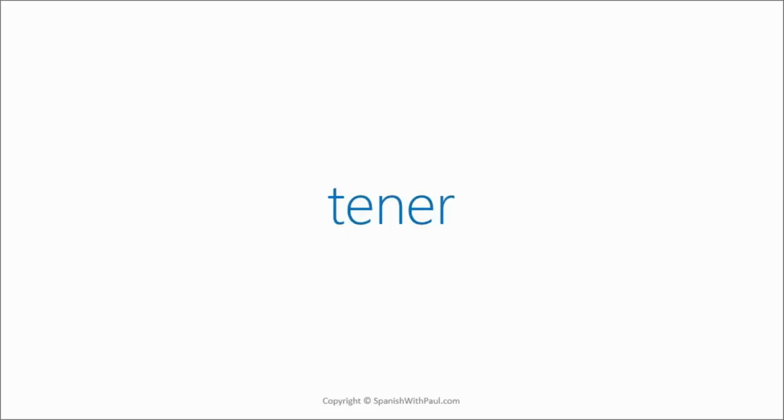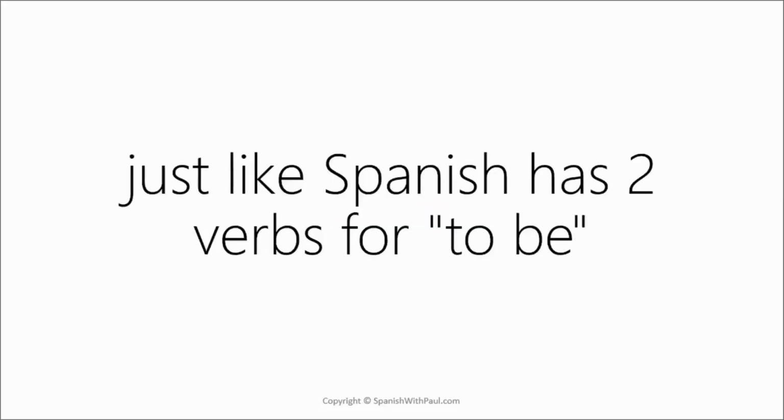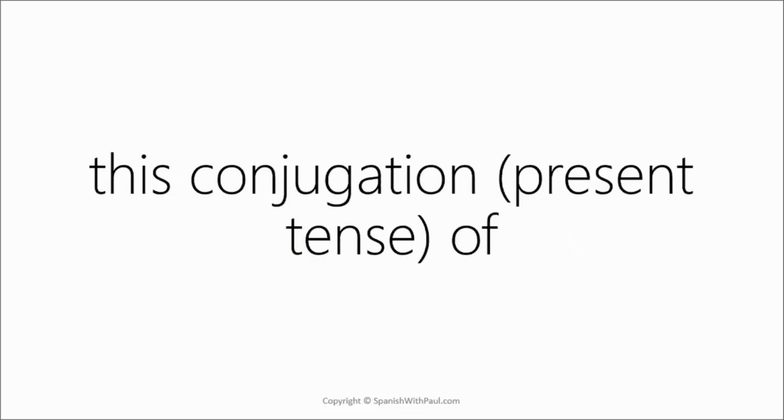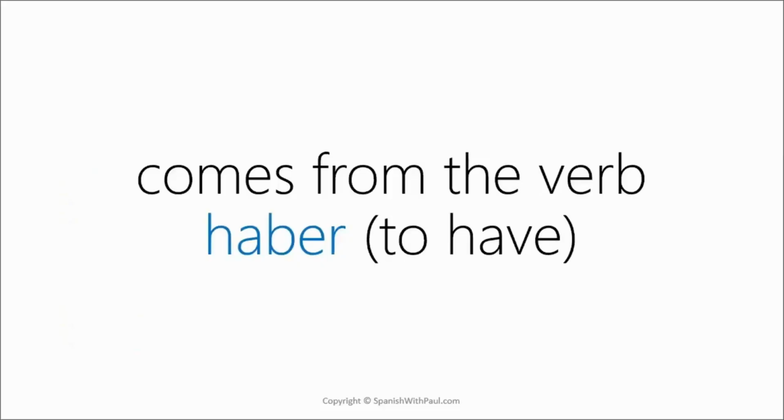And we've been working with the verb tener a lot in this course. Well, the thing is that just as Spanish has two verbs for to be, ser and estar, it also has two verbs for to have. And this conjugation, the present tense that we're working with, he, has, ha, hemos, and han, it comes from the verb haber, which means to have.